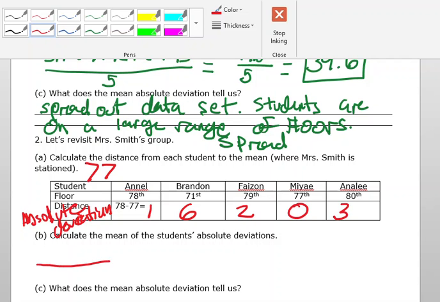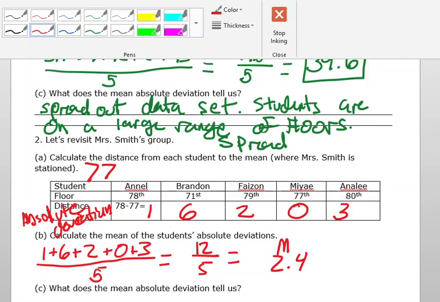So I'm going to take these numbers and add them together: 1 plus 6 plus 2 plus 0 plus 3, divided by 5. That gives me 12 divided by 5, which is a mean absolute deviation of 2.4. So what does this tell us? I can even look at this data and it's clear to me these folks are not so spread out.